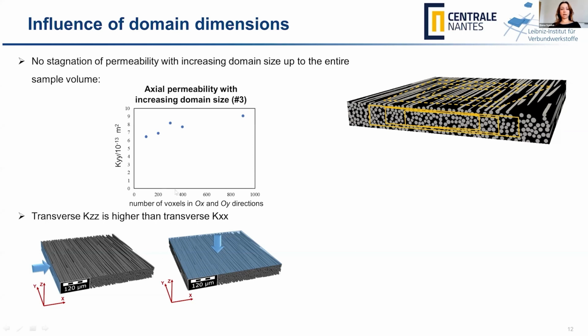However, that was not the case here, as the results showed, and the reason was that the dimension in the through thickness direction is 1/8 of the in-plane dimensions. And we saw that influence on the values of the permeability. In the through thickness direction, we did not have a sufficient number of fibers, so this size was not statistically representative. This is also important to take into account.